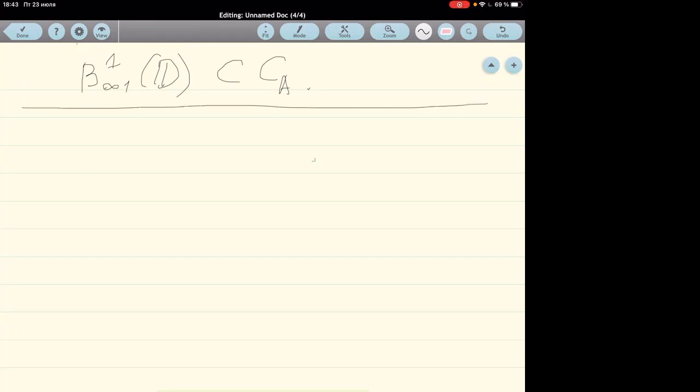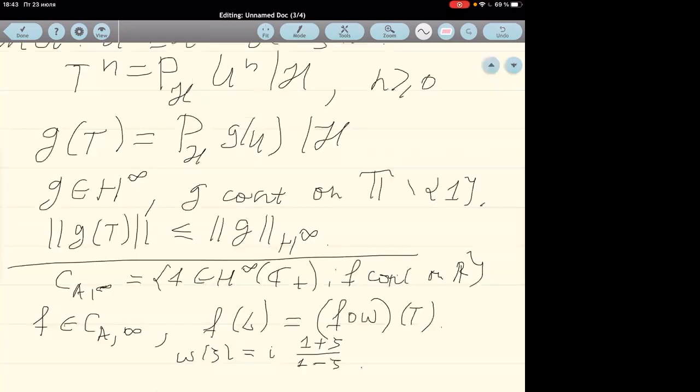However, if you define the Besov space on the upper half plane, actually it contains unbounded functions. So with this definition, we cannot use arbitrary Besov functions because they can be unbounded, and we defined functions of contractions only for bounded functions.